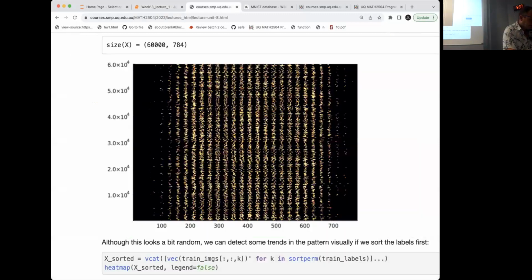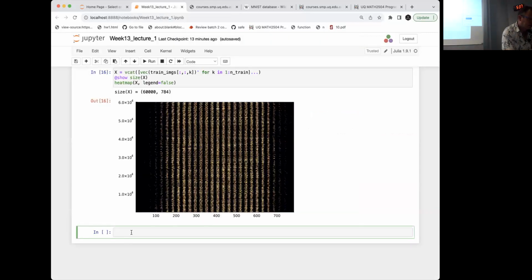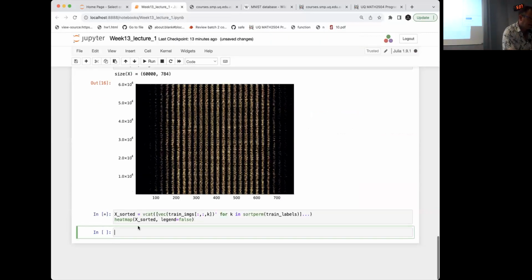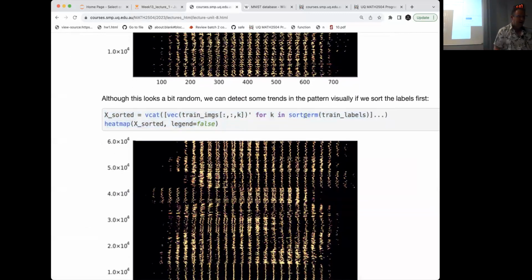And here is if you sort it. Let's run this. Let's just look at it as it runs. What we're doing now is sorting by sortperm. The function sortperm takes an array and returns the permutation that, if you reorder by it, you get a sorted array.